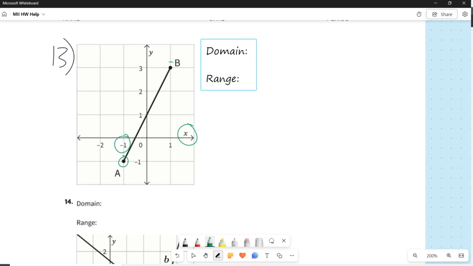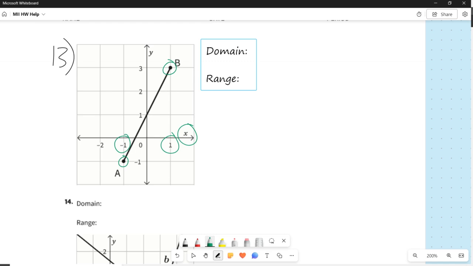Then the graph ends here, which corresponds to a +1. And so my domain for this function is all of the values between -1 and 1.